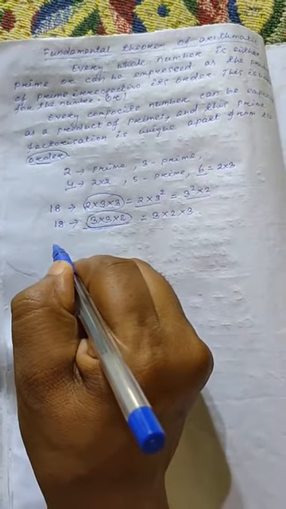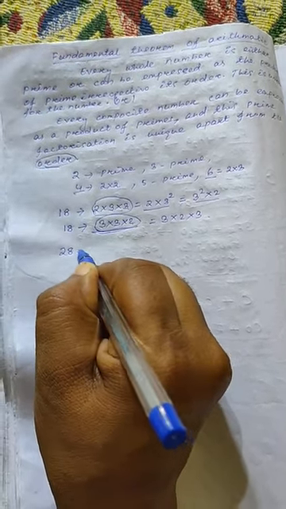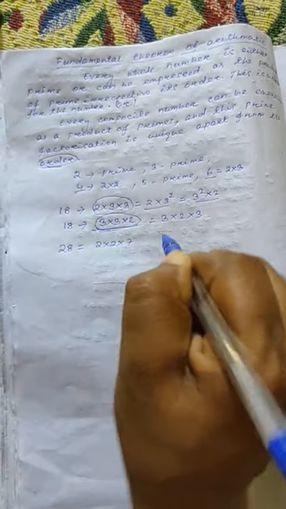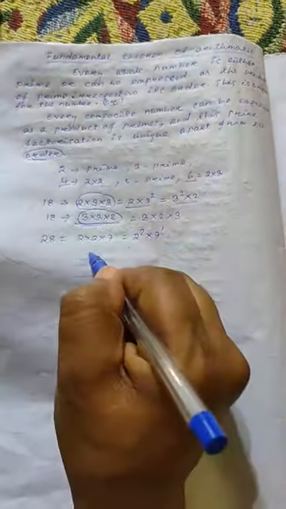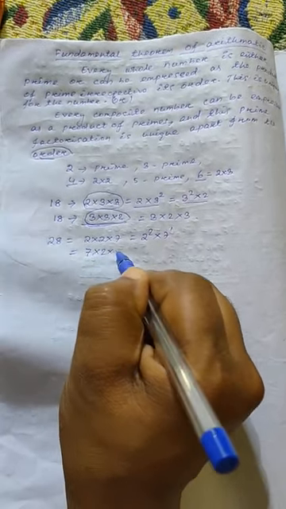Similarly, I can take another example, suppose 28. We can write 28 as 2 into 2 into 7, that is 2 square into 7 to the power 1. Same thing I can write as 7 into 2 into 2.